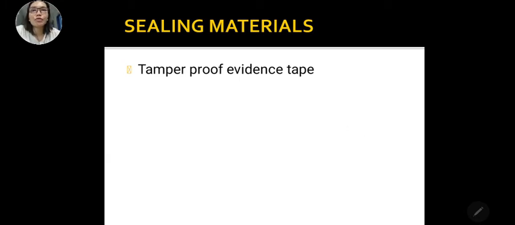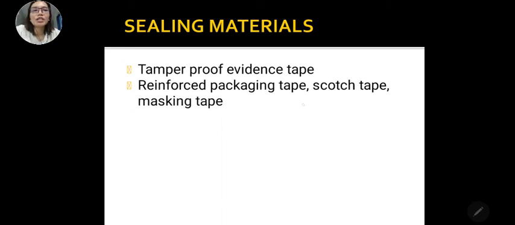So, pwede tayong mag-improvise, lalo na wala tayong budget. And then, we can use reinforced packaging tape or scotch tape or masking tape. Yun yung sinasabi ko na improvised tamper-proof evidence tape. Basta, be sure that is tamper-proof. So, we can also use heat sealing of the packaging.